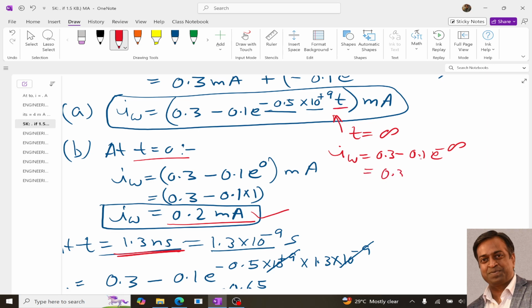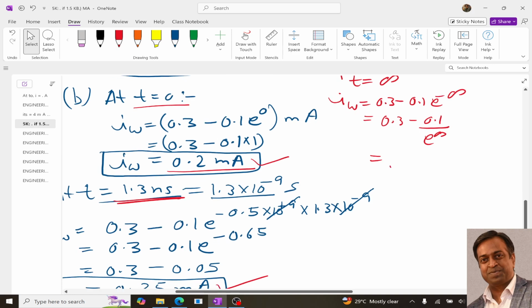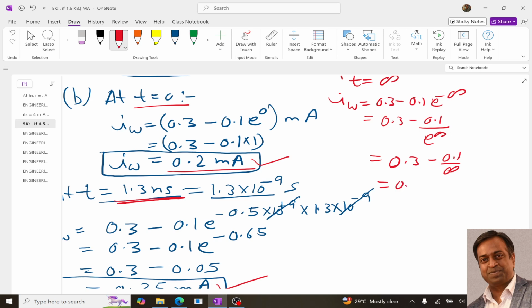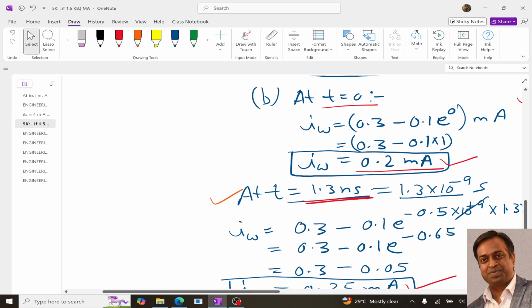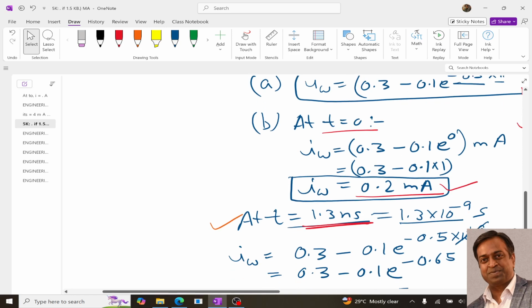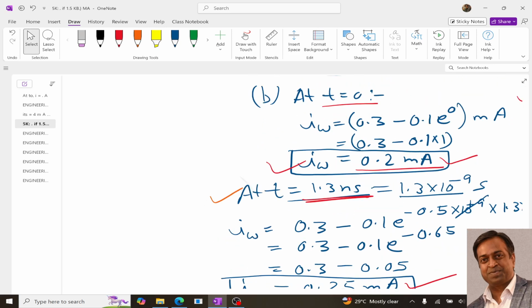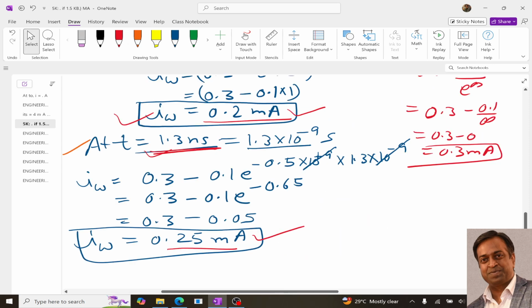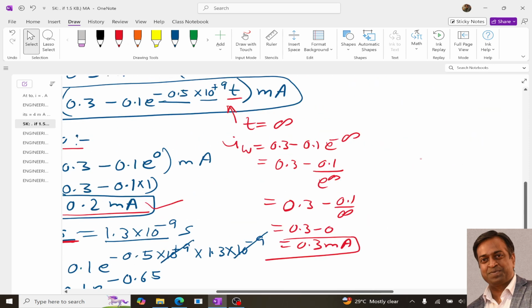So it is 0.3 minus 0.1 upon infinity, so 0.3 minus 0, which is 0.3 milliampere. You can see that the theoretical concept I just mentioned is reflected by the derivation, by these values at t equals 0, at t equals 1.3, and at t equals infinity.